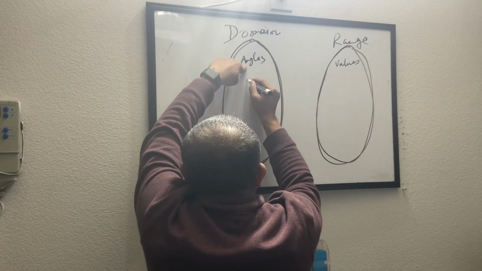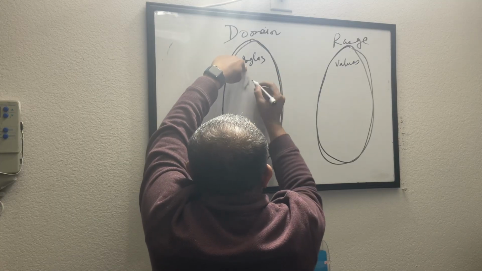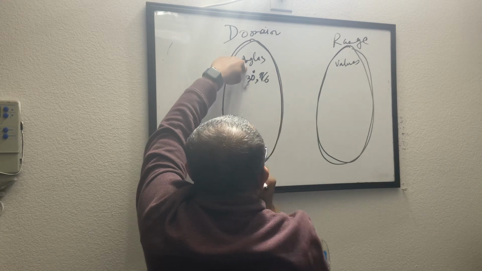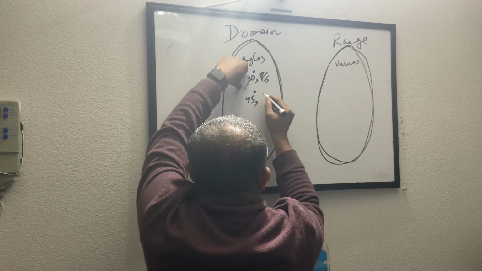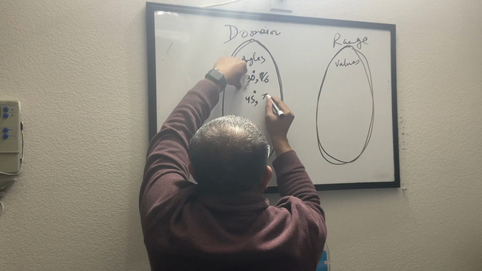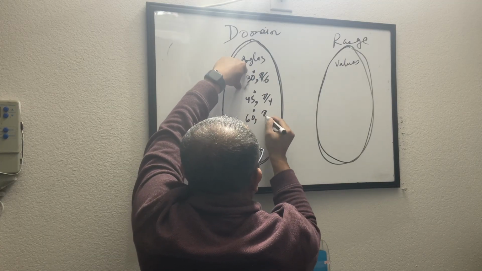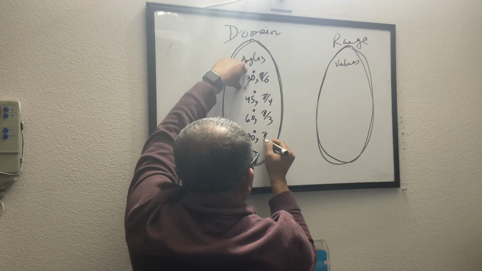Sine of 30 degree or pi by 6 radian, 45 degree or pi by 4 radian, 60 degree or pi by 3 radian, 90 degree or pi by 2 radian.